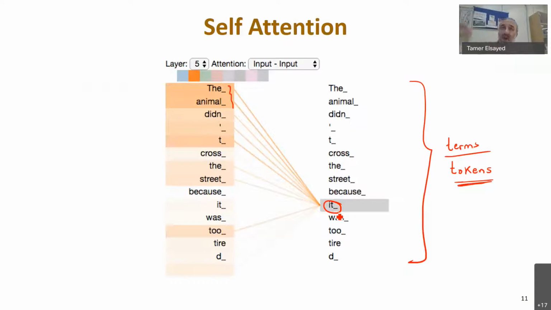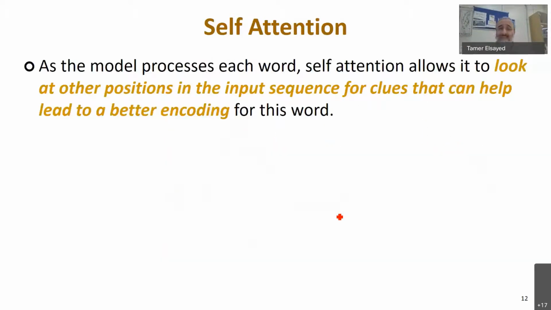When I provide the output from the self-attention sub-layer for that word, which is the encoding of that word at that layer, it will be related to the encoding of those other words that are related to it. So as the model processes each word, self-attention allows it to look at other positions in the input sequence for clues that can help lead to a better encoding for this word.